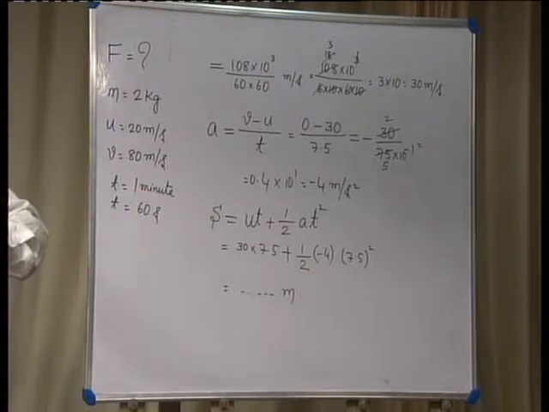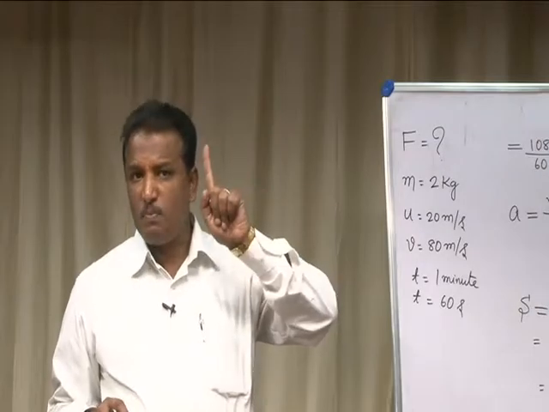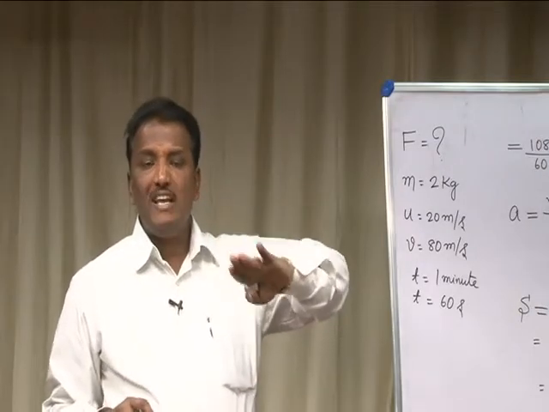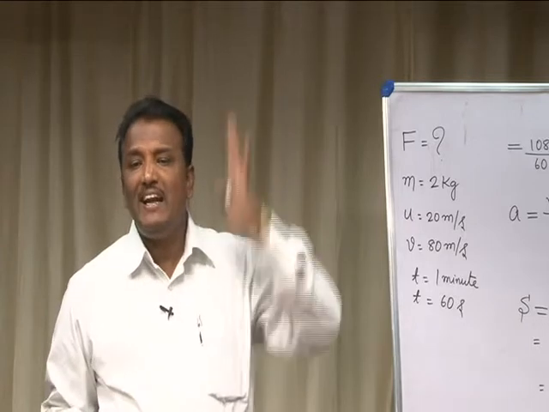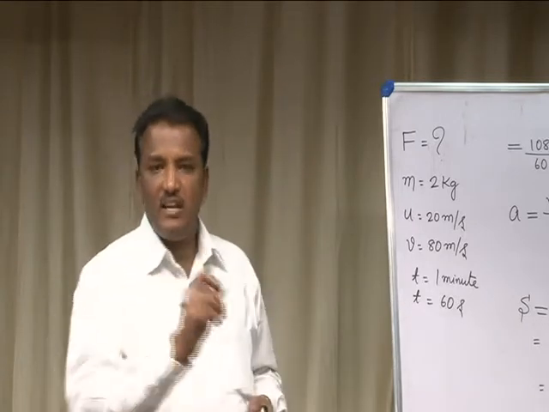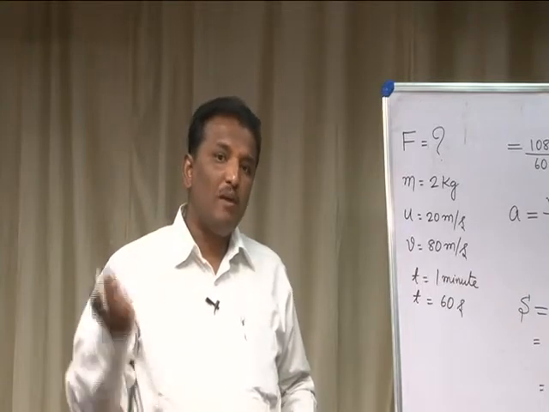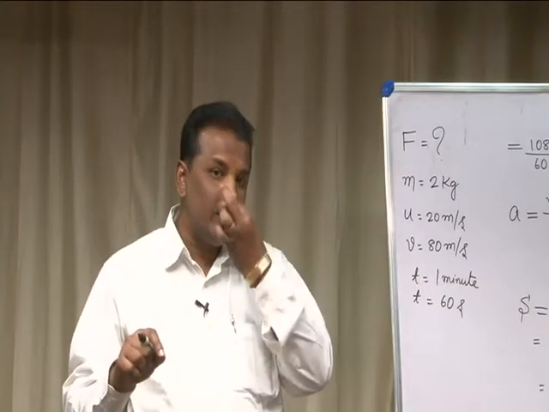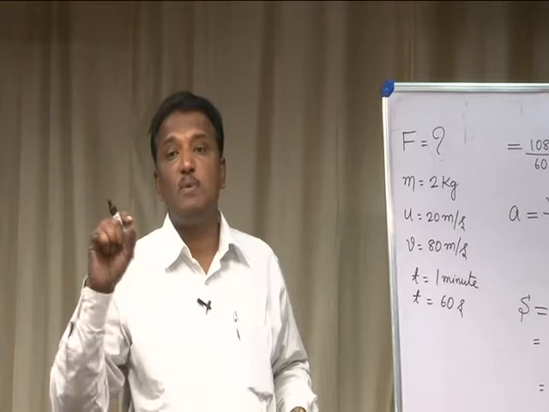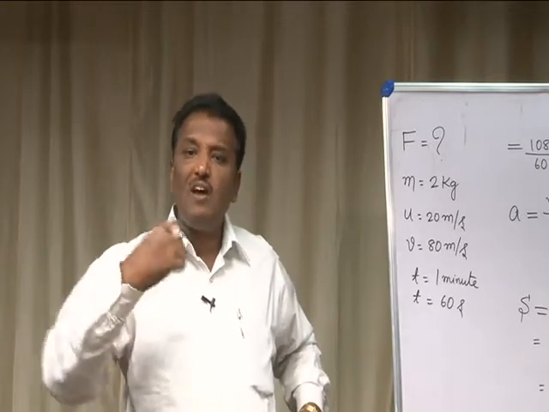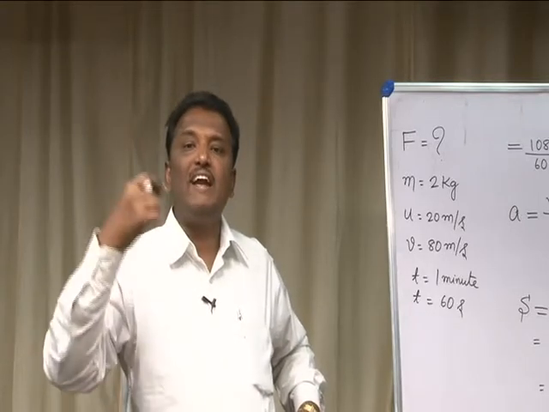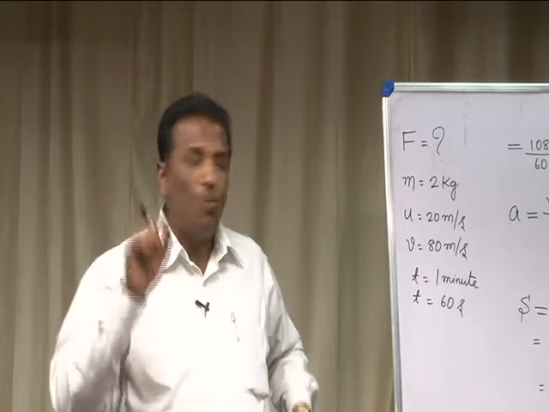By applying what extent of force on this body for a span of 1 minute to change its velocity to 80 meter per second is required to find. I repeat, what force applied on a body of mass 2 kg moving with 20 meter per second changes its velocity to 80 meter per second in 1 minute?